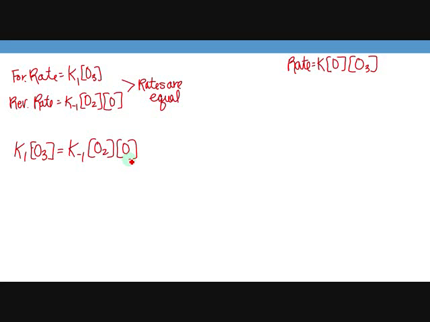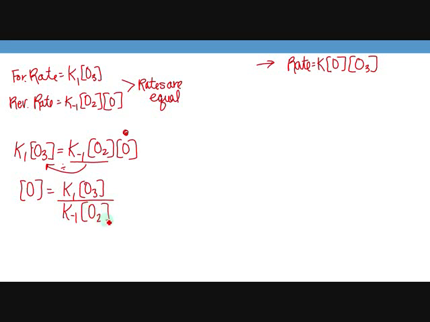Now, by substitution and assumption, let's solve for our intermediate and then plug that into the rate law produced from the second step, the rate determining step. So solving for O, we divide this over, and we have K1 times the concentration of ozone over K negative 1 times the concentration of O2.